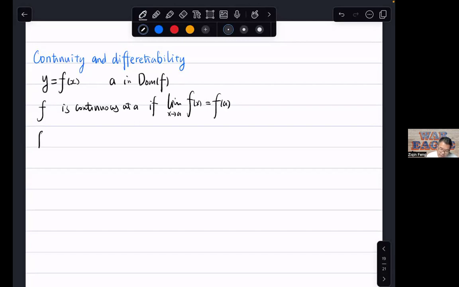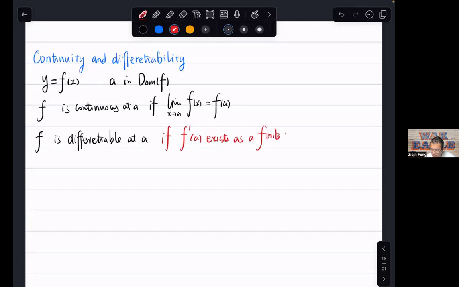We say that a function is differentiable at a if f prime of a, the special limit, exists as a finite number.